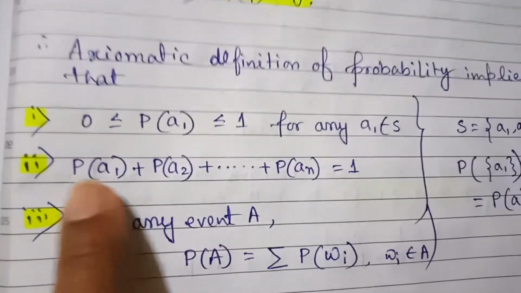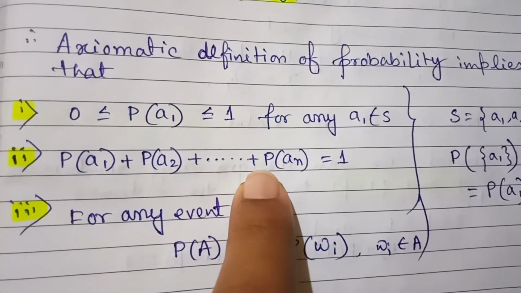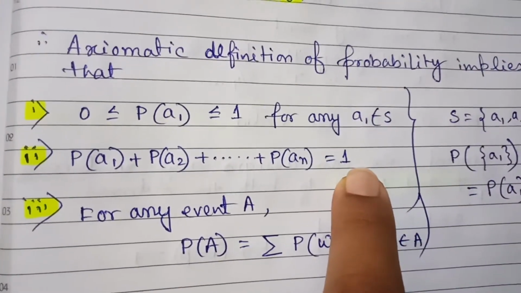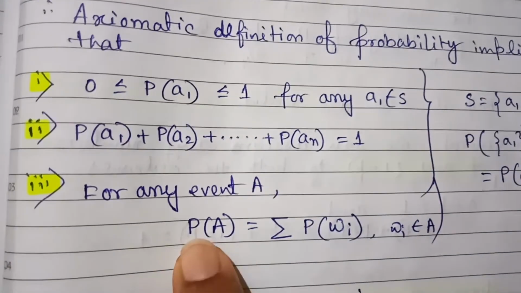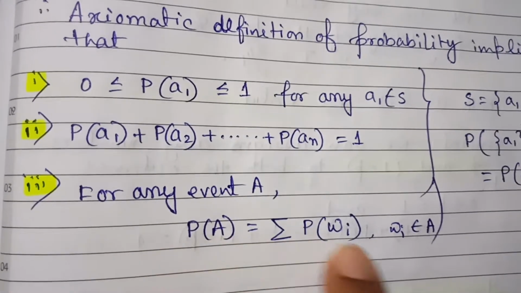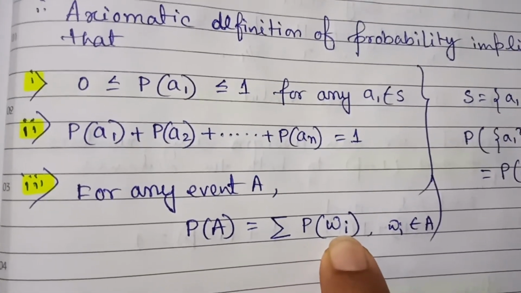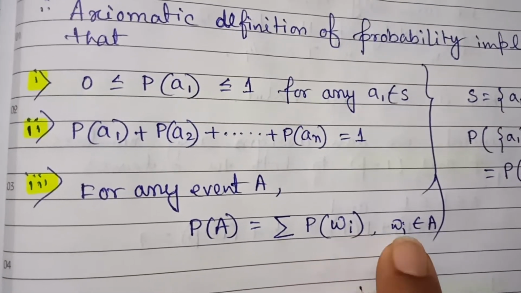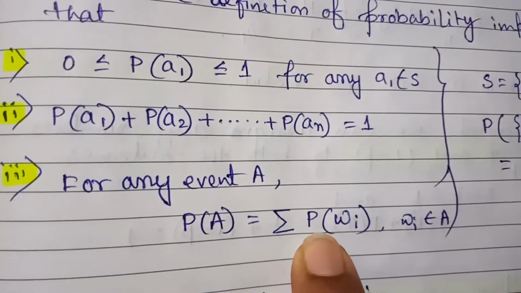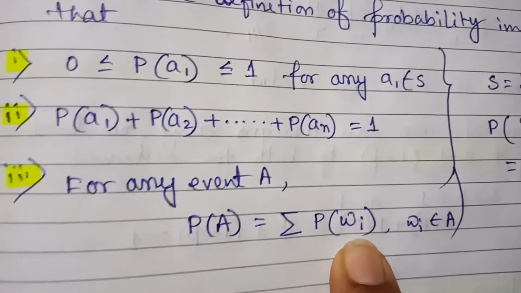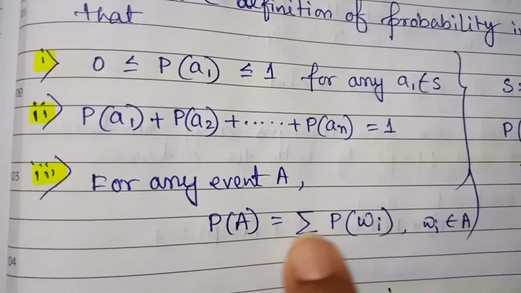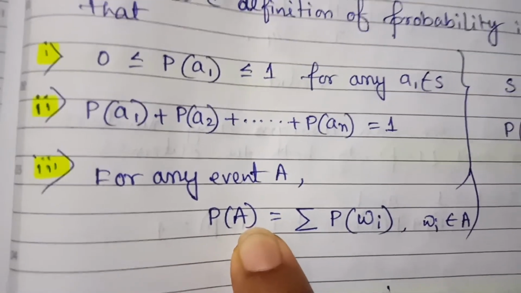That means P(A1) plus P(A2) plus dot dot dot plus P(An) equals P(S). Now take any event A, and suppose A has the elements omega 1, omega 2, omega 3 and so on. So P(A) will be the addition of the probabilities of all sample points, or all elementary events, in that particular event.